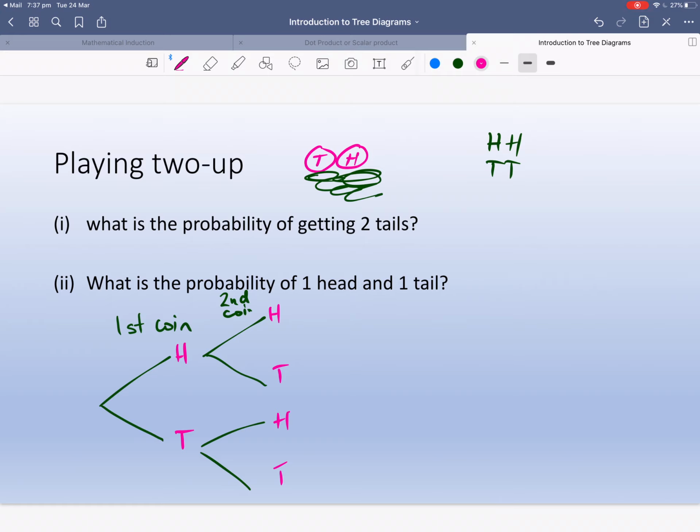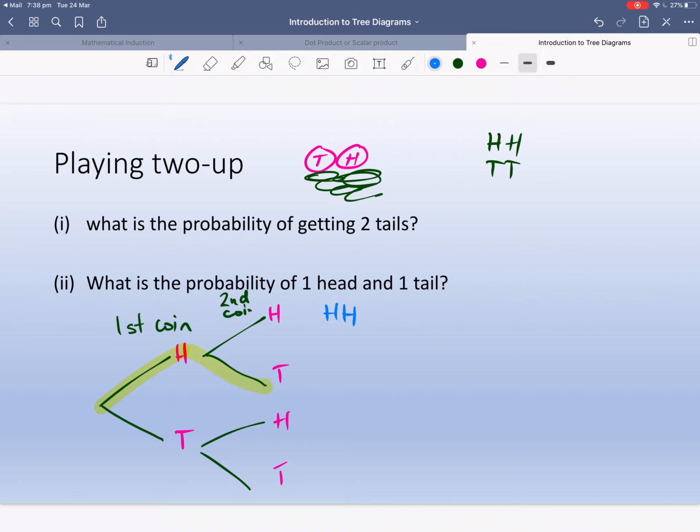At the end of a probability tree diagram, we can add up all the outcomes. So if we follow this tree branch, we can get heads in the first coin, or we can also get heads in the second coin. And so that means that our outcome there will be heads, heads, or we could get heads in the first coin and then tails.